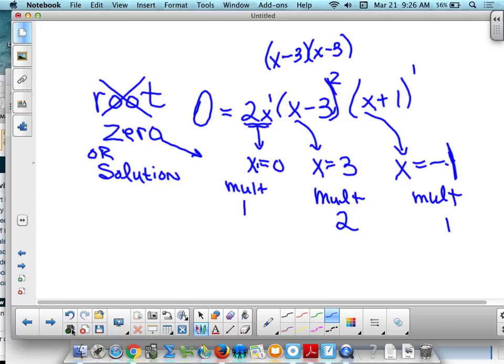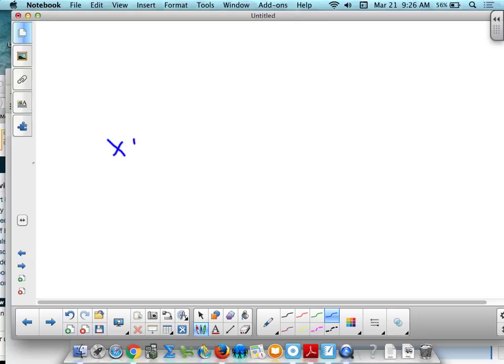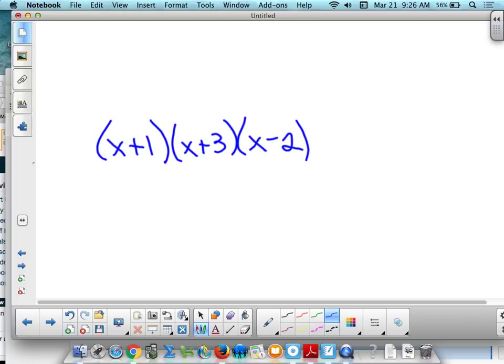When you look at this one, x plus 1 times x plus 3 times x minus 2. That's your polynomial in factored form. But here's the deal. You see that? See that factor? That came from what 0?